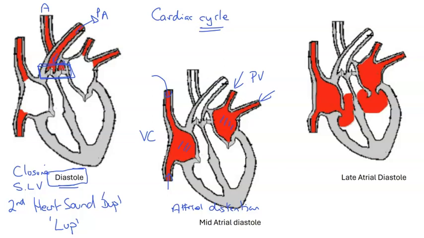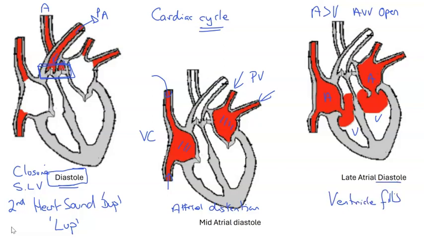What's happening on the left hand side happens on the right hand side at the same time. Moments later, the pressure in the atria becomes greater than the pressure in the ventricle, so the atrioventricular valves open, both left and right, and the ventricles begin to fill with blood.